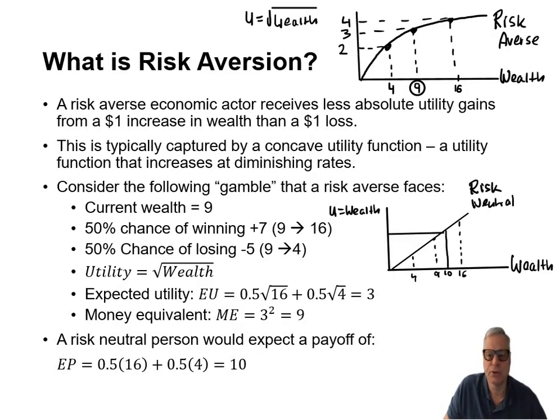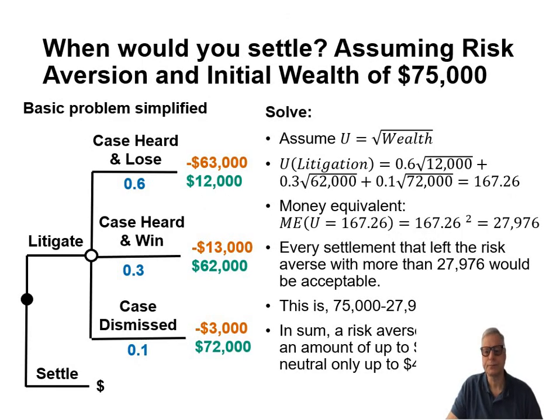Okay, so now let's incorporate that into our decision tree. And so what we need to assume is an initial wealth. And if you remember, we first said, okay, if the individual litigates and the case is heard and the individual loses, it loses 63,000. So now here the green payoff is 75,000, the initial wealth, minus 63,000, that's 12,000.